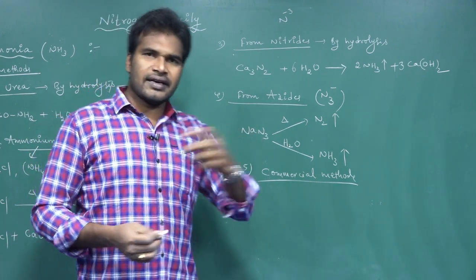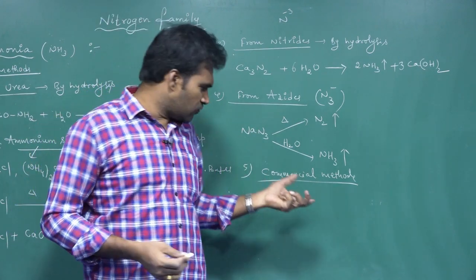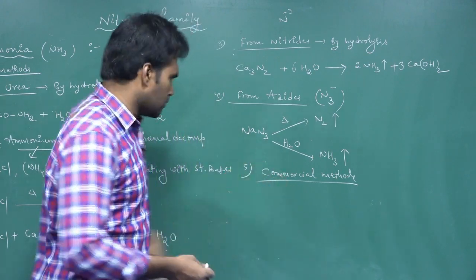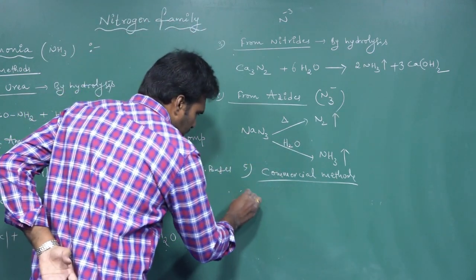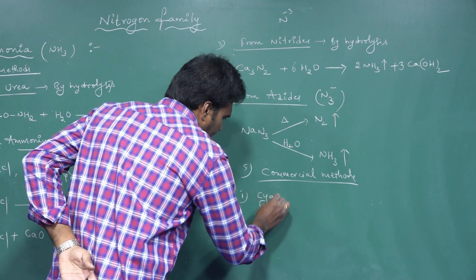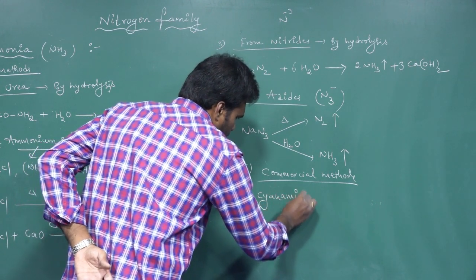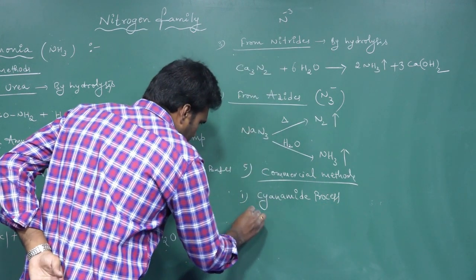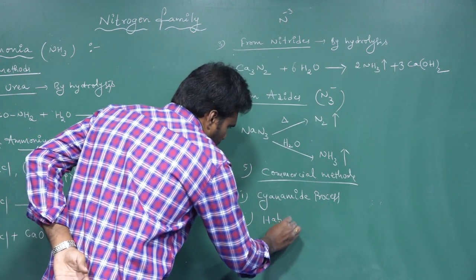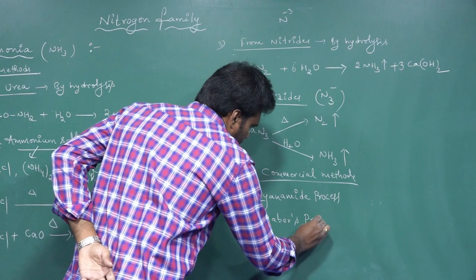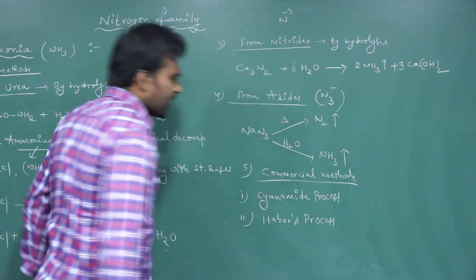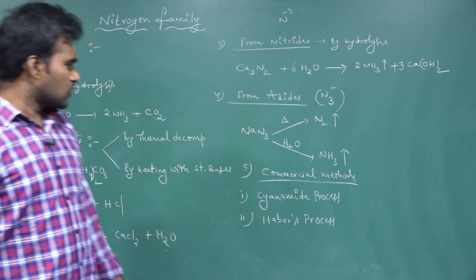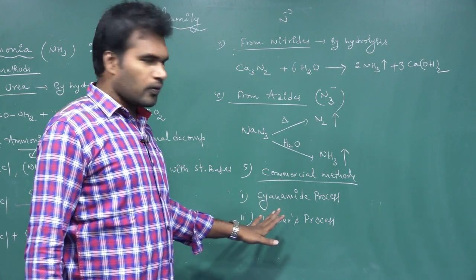So to get ammonia in bulk amounts, we follow these 2 methods. That is why we call them commercial methods. The first one is the cyanamide process, and the second one is Haber's process.